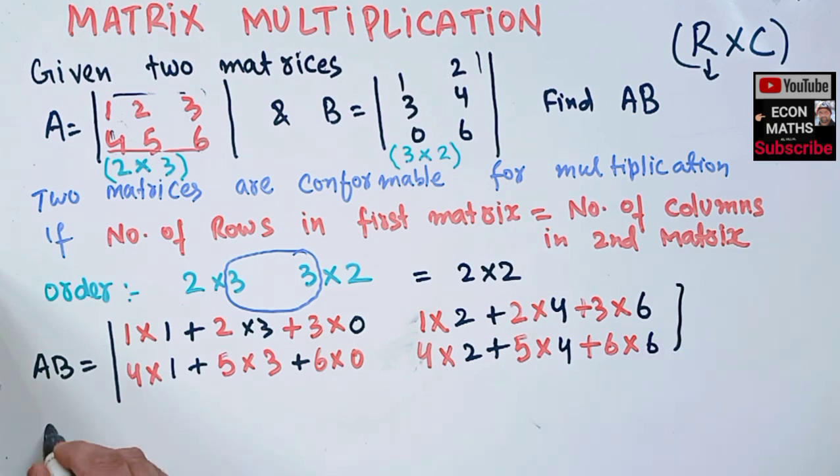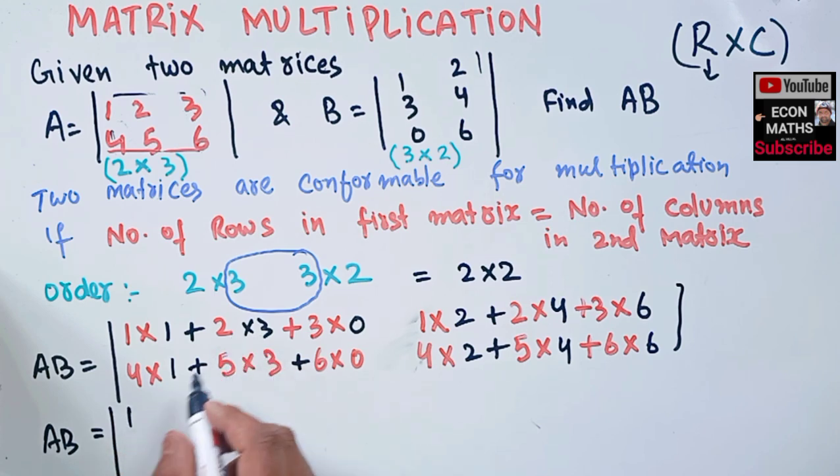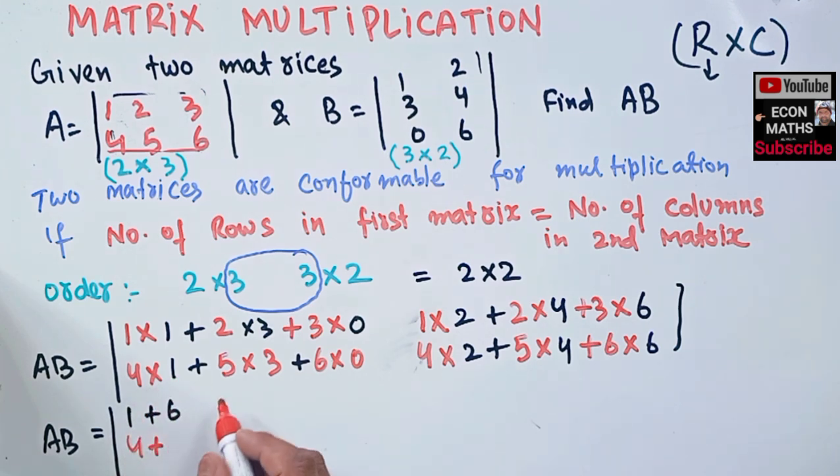Now when we multiply it, our AB will be equal to: 1 times 1 is 1, 2 times 3 is 6, so 1 plus 6; then 4 times 1 is 4, plus 5 times 3 is 15, 6 times 0 is 0.